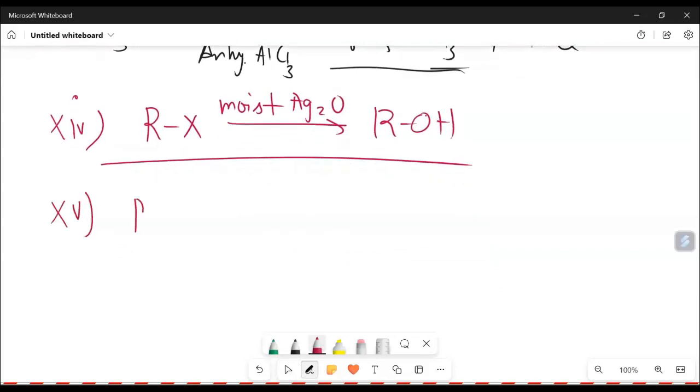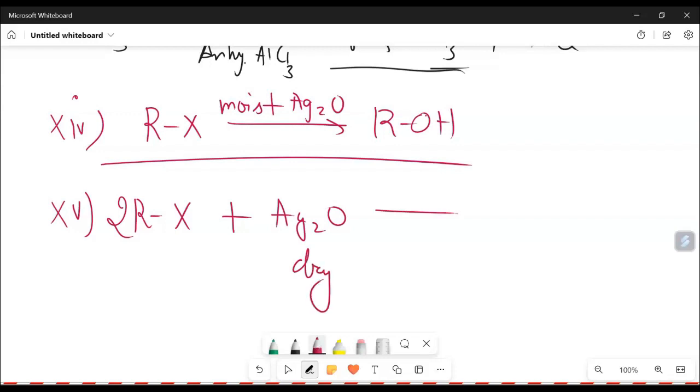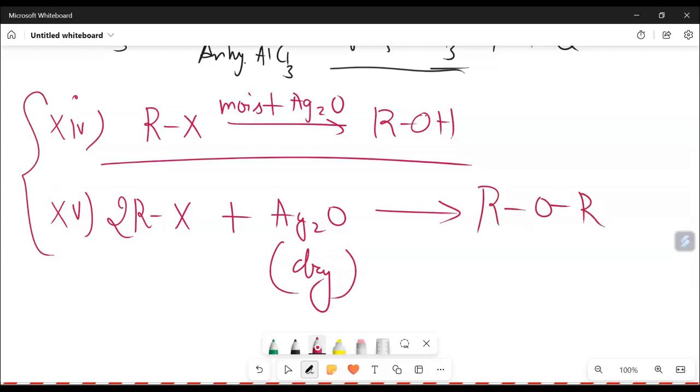The 15th number, 2 moles of R-X react with Ag2O, but in this case dry one. If we are taking dry Ag2O, remember, very important, it will form ether. Very easy preparation for ether, plus 2AgX.